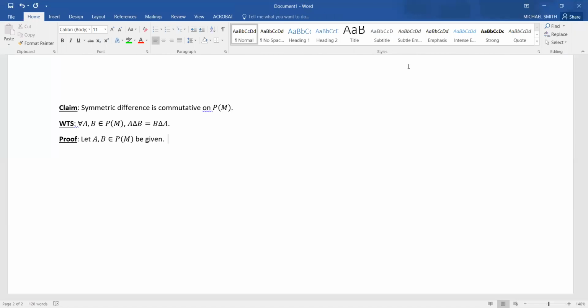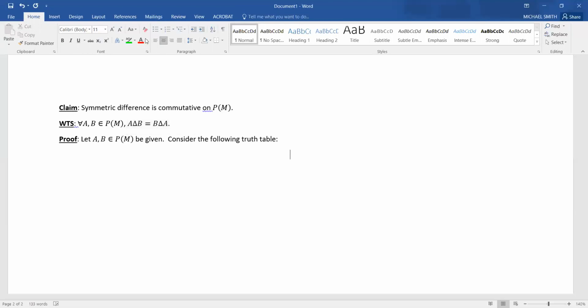They're members of P of M, so they are subsets of the set M, so they are sets. So this equation, A symmetric difference B equals B symmetric difference A, is a set theoretic identity, which means from foundations, the easiest way to prove it is using truth tables. So let's consider the following truth table.